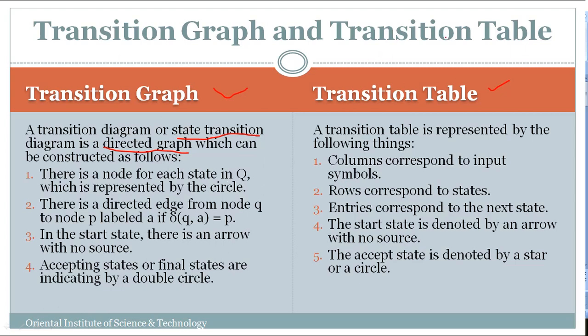If we are making a transition diagram like this, Q0 is a state, so we draw it as a state. Some other state is Q1.